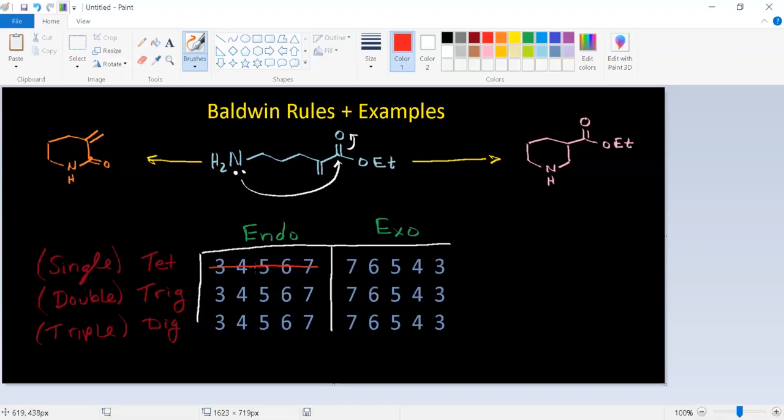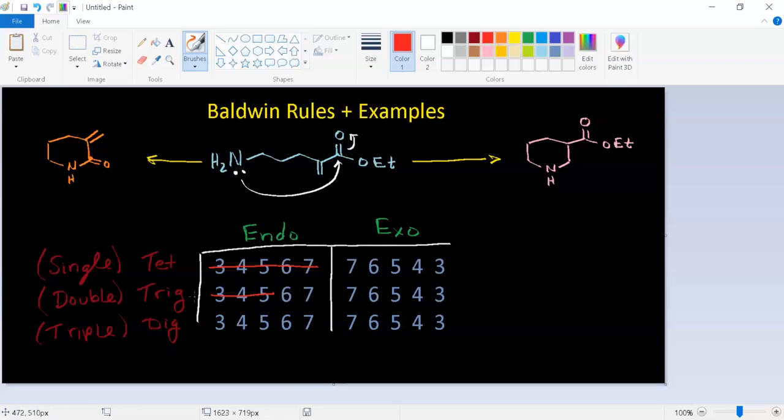He kind of tells you good luck trying to get that to work, because it's not going to go very easily. He also says that for the trig section, while also an endo, 3 through 5 will be difficult to do. What that leaves us with in the endo section is 6 through 7 for trig, and 3, 4, 5, 6, and 7 for the dig.